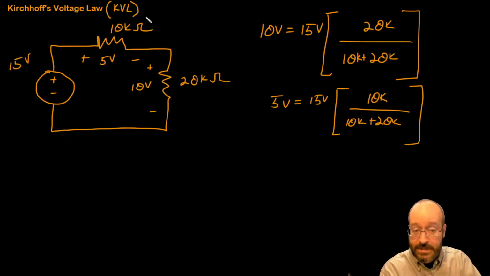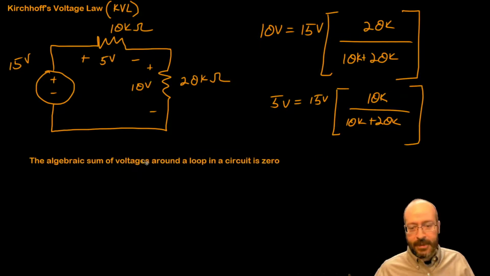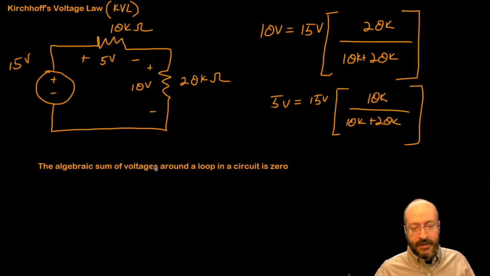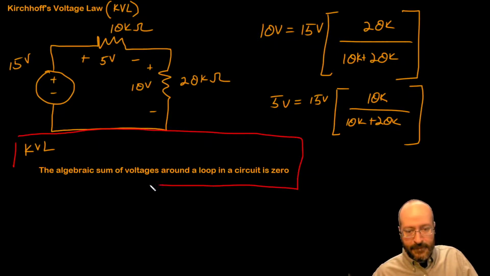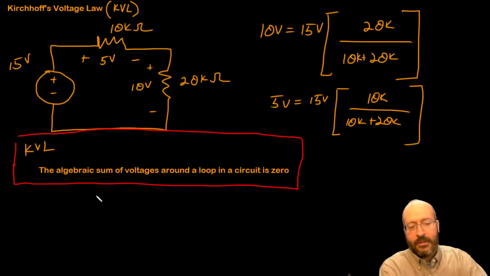Okay, so if I was going to state Kirchhoff's voltage law, I got it even typed up nicely so you don't have to watch me write it. So here's his voltage law. So KVL. This is a big one. So big I'll put a box around it. Okay. KVL. The algebraic sum of voltages around a loop in a circuit is 0.